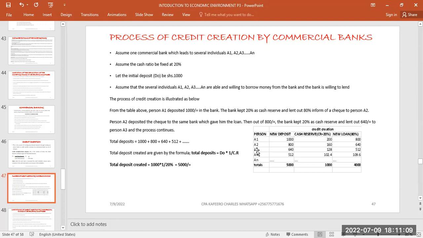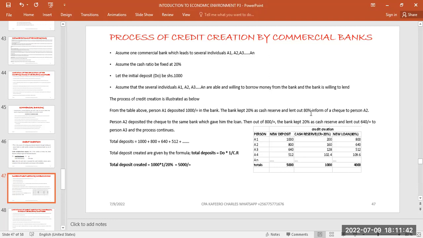So of the 1,000 you've deposited, you remain with the 800. And that 800 will be given to another person. You're seeing that this 800 is the one we remained with on the amount that was deposited. So this 800 is lent out to the second person.